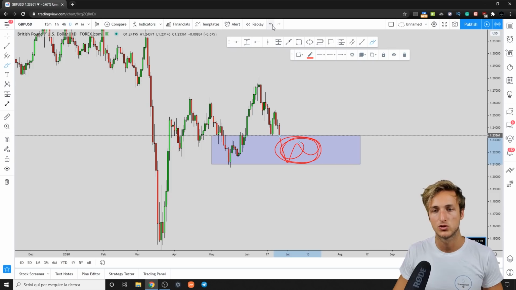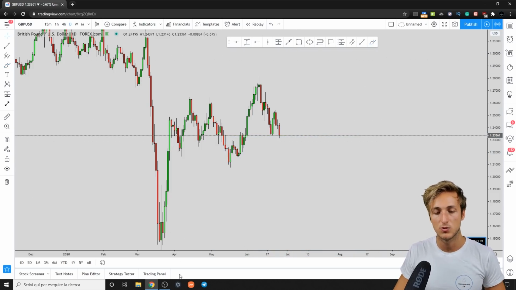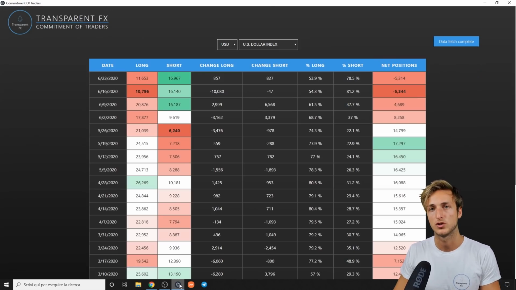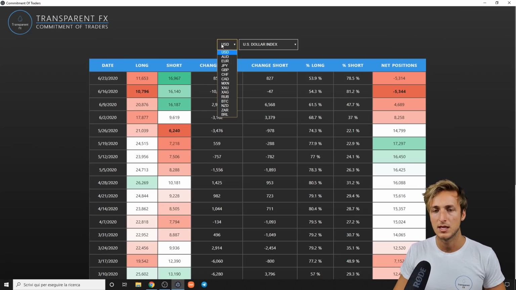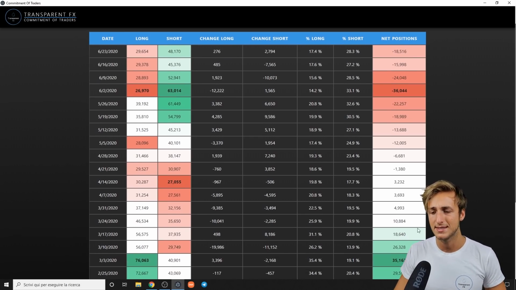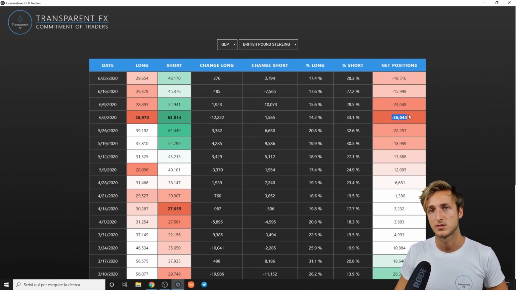Now, before I show you how we have to be approaching a situation like this, let's go and see what we have from a COT perspective, so commitment of traders, what big banks and institutions are currently doing in the market. Now, what we can see if we go and get our GBP charts, as I said earlier, is that we went from 35K to minus 36K.